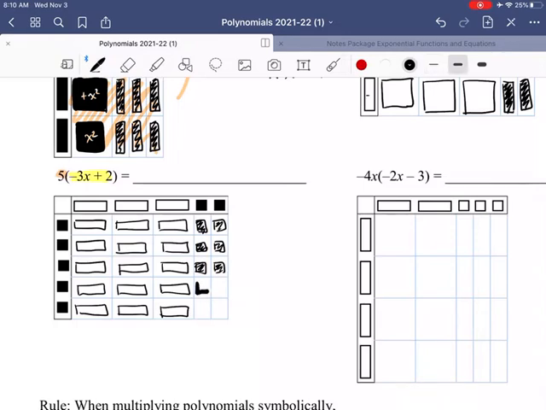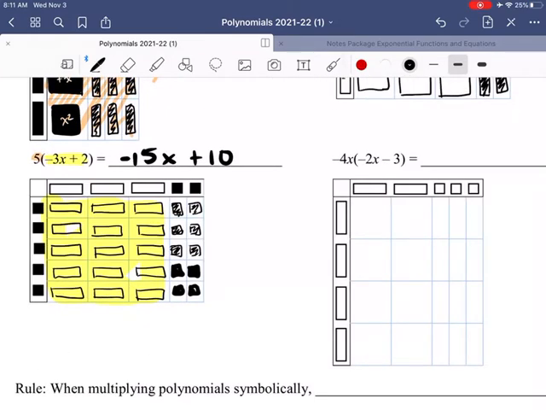Get a thicker pen here. There we go. That'll go a little quicker. Awesome. So what do we have in the middle here? Well, if we count them up, how many negative x's? Hopefully you see that there is 15 of them, so negative 15x. And then how many ones do we have? We've got 2, 4, 6, 8, 10. So positive 10.